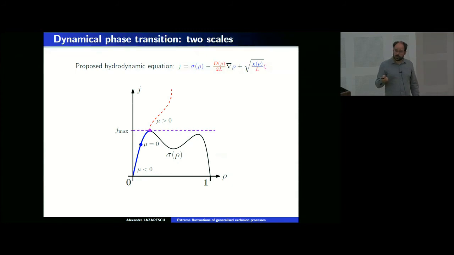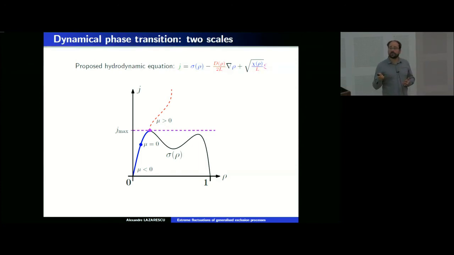If you want to push the current above J max, however, the system can't do that anymore. You can still look at what the optimal density would be from the macroscopic fluctuation theory rate function, and you would get an answer. You would get a scaling of the large deviation function of the current, which is linear in the size.